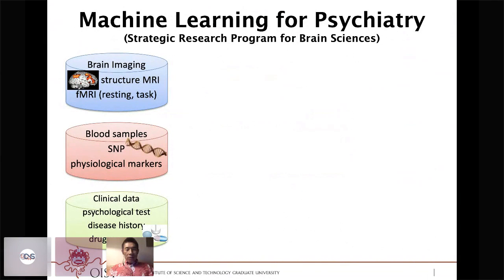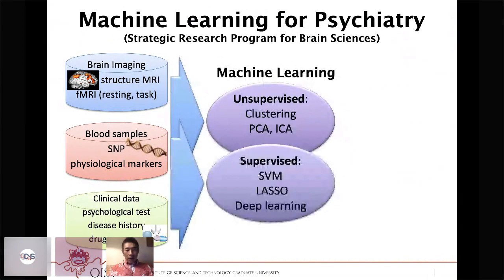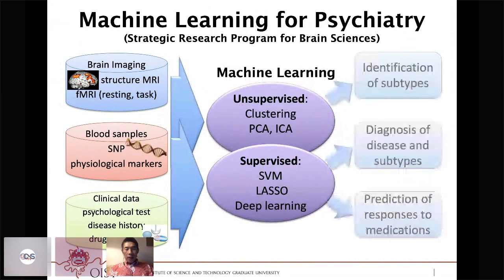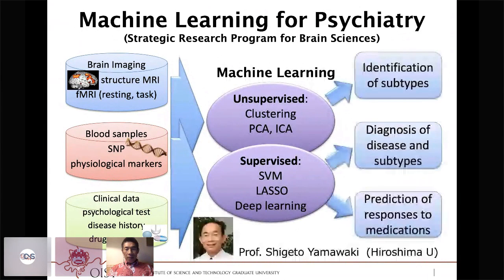We wanted to combine this variety of data using machine learning. You can use an unsupervised learning paradigm to identify possible subtypes of the disease, and a supervised learning paradigm for diagnosis and prediction of medication responses. So that was our idea.